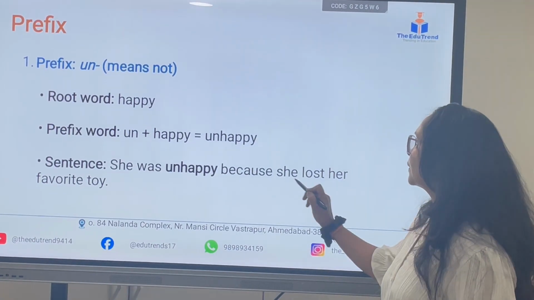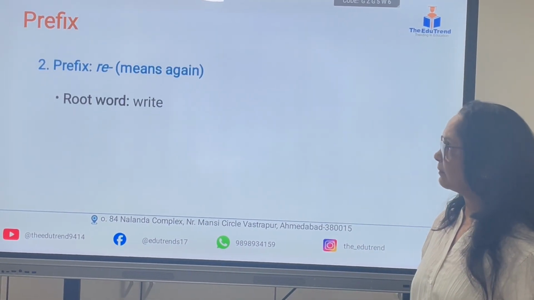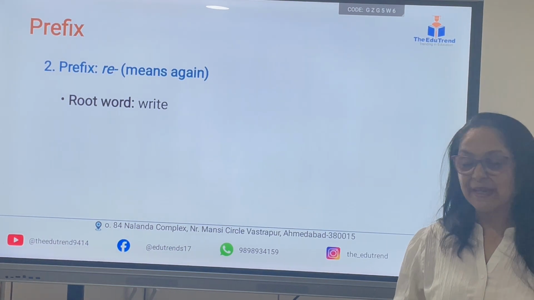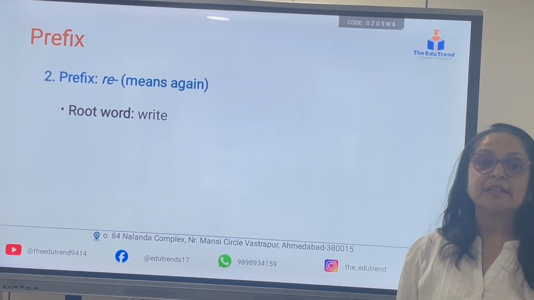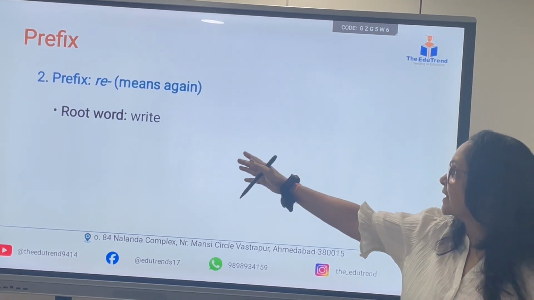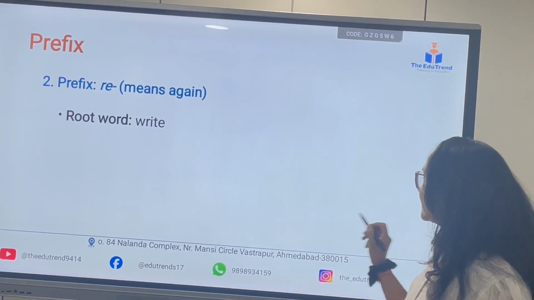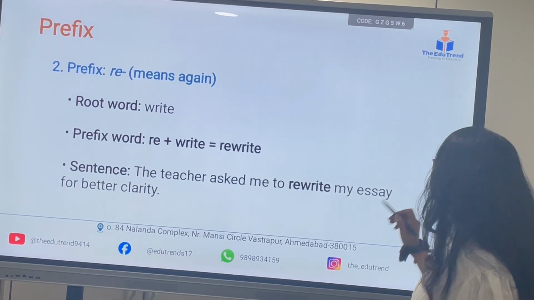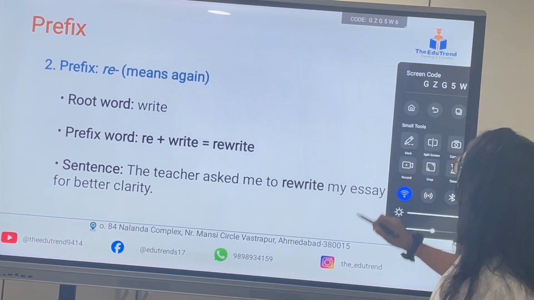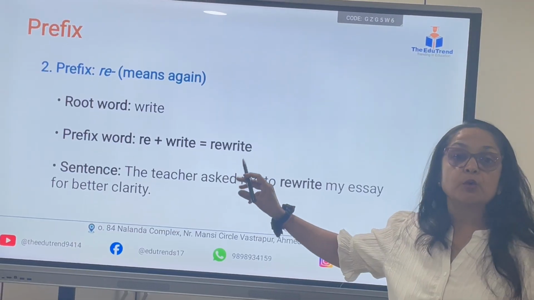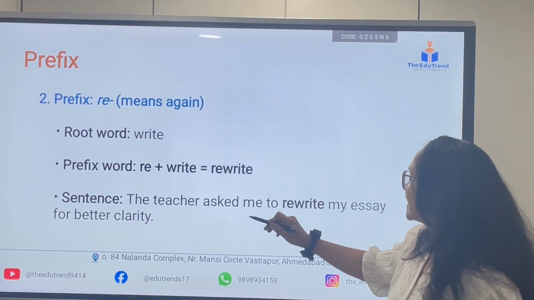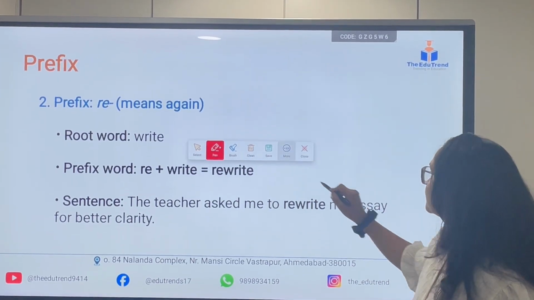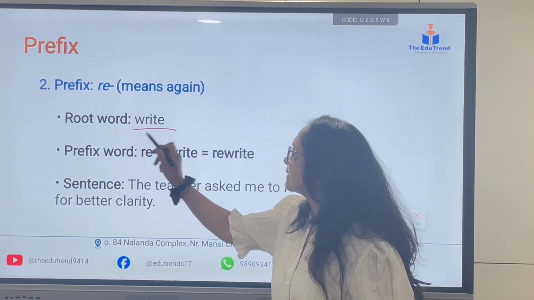Moving on to our next word, word number 2. The prefix that we have picked up is re, and the root word here is write.